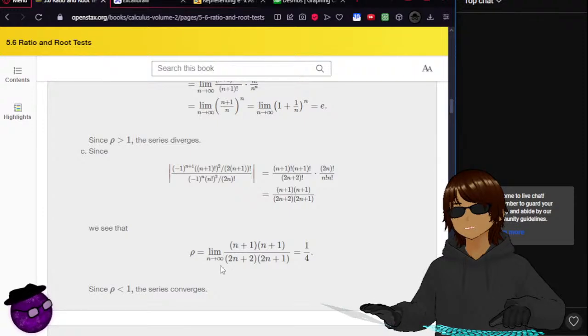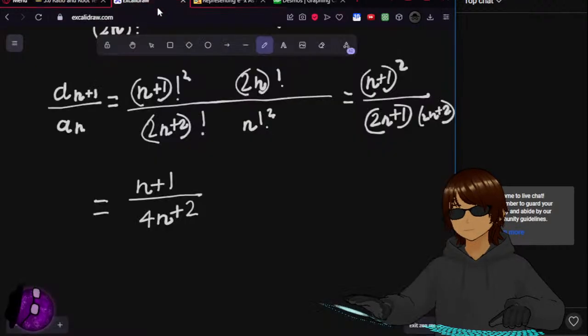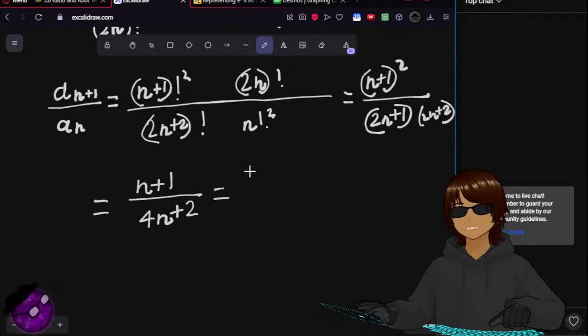Wait, hold on, how is it half? If I extract 2 from here, okay, I will divide both sides by n. Yeah, it's actually 1 over 4.